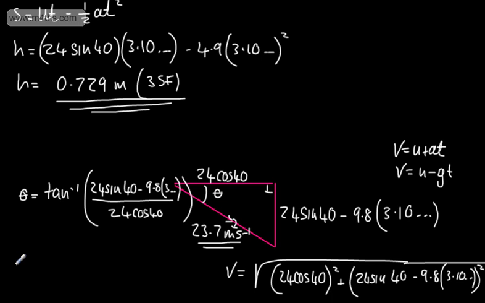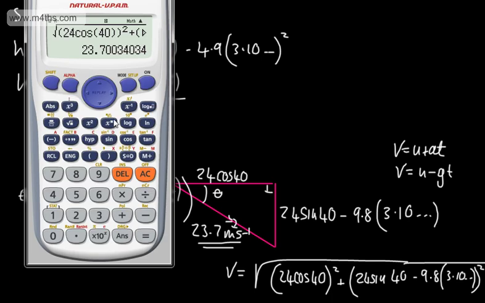So we're just going to find that angle, so we'll do the inverse tan, and again just check you're in degrees mode. 24 sine of 40 degrees, then minus 9.8 multiplied by the time, and we're going to divide that by 24 cos of 40 degrees, and that will give us what we're looking for.